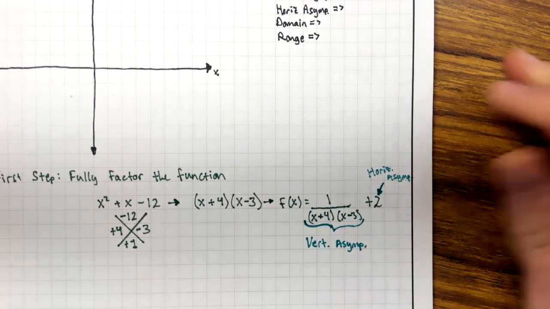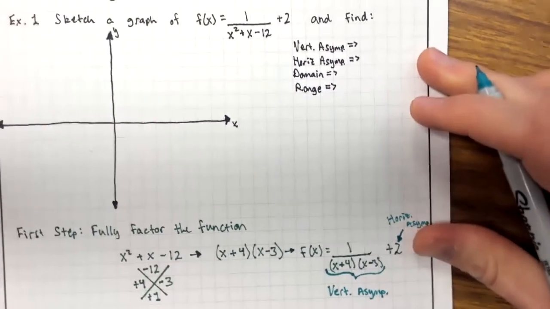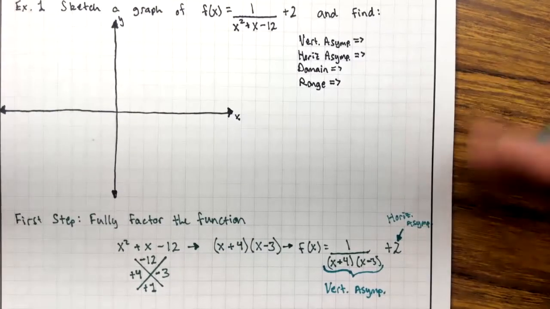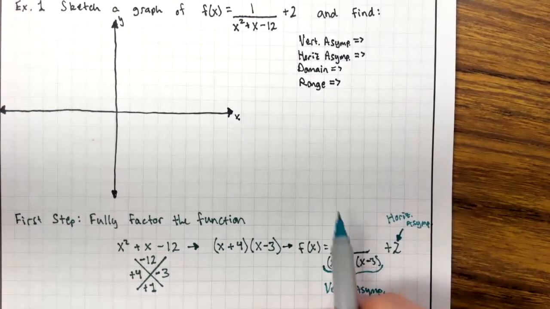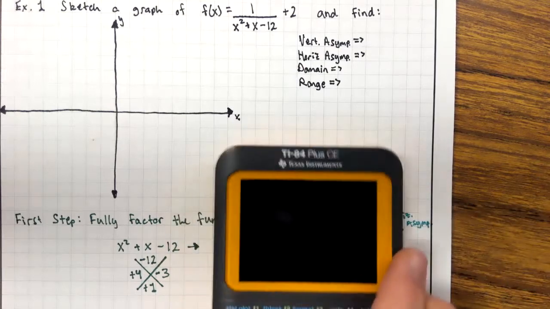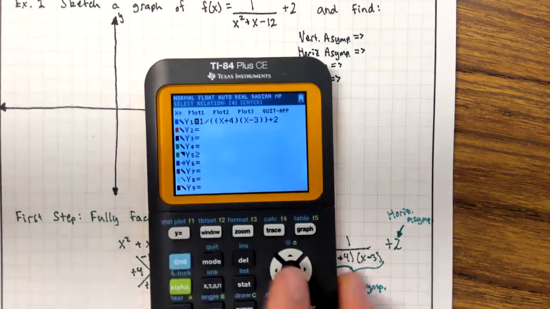All right, so going back up here, these things that I wanted us to find. Vertical asymptotes, these lines that our function is going to approach but never actually reach. Remember, the key here is I can't divide by 0. So I'll kind of try to illustrate what I'm saying here on a calculator.